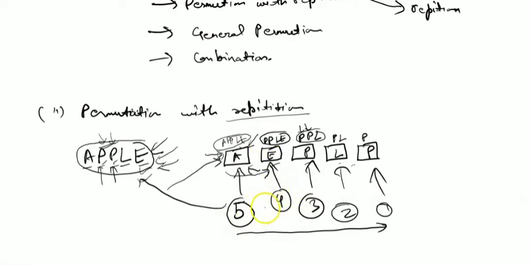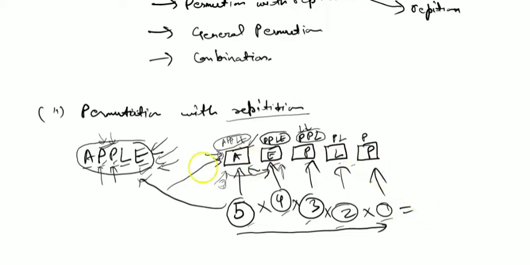And like I said earlier, you multiply the number of choices that you have for every single slot. I have already explained to you why we multiply the number of choices. So this is what you would have gotten if you had to find the general case of permutation.